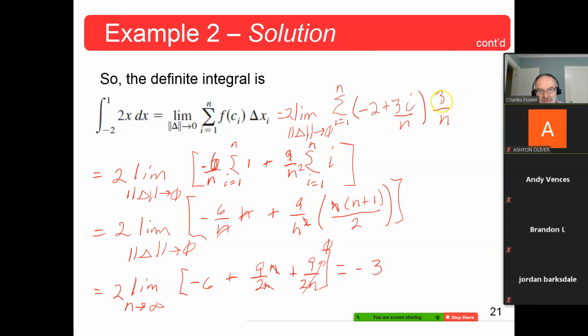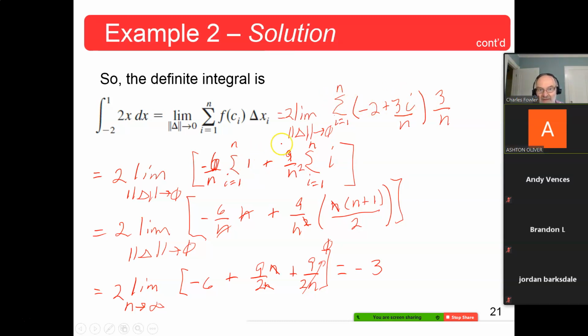Well, the 3 over n has nothing to do with the i's here. Here's the only term that has an i in it. So everything in this first term, minus 2 times 3 over n, can come outside the summation. So that's minus 2 times 3 over n, which is minus 6 over n. That's what came outside the summation. Not outside the limit, but outside the summation. And since we took the minus 2 and the 3 over n out, all you had left was a 1.